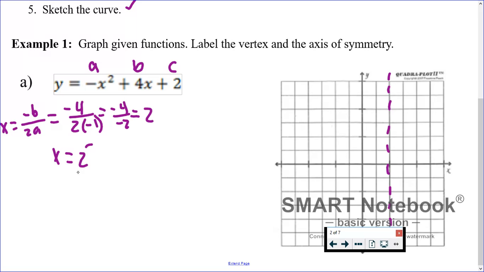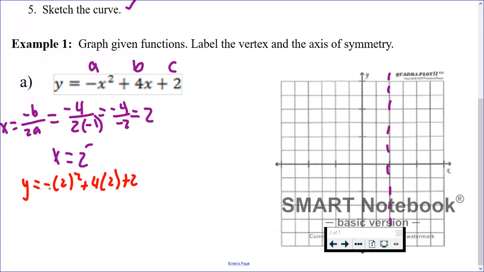So for the vertex, I already have half the vertex. The x-coordinate is 2. In order to get the y-coordinate, we're going to substitute 2 in for x in the function and simplify. So keep in mind that negative sign, when it's part of the function, is separate from x. So for x squared, I'm squaring the 2 separately, and then the negative will be applied as multiplication after that.